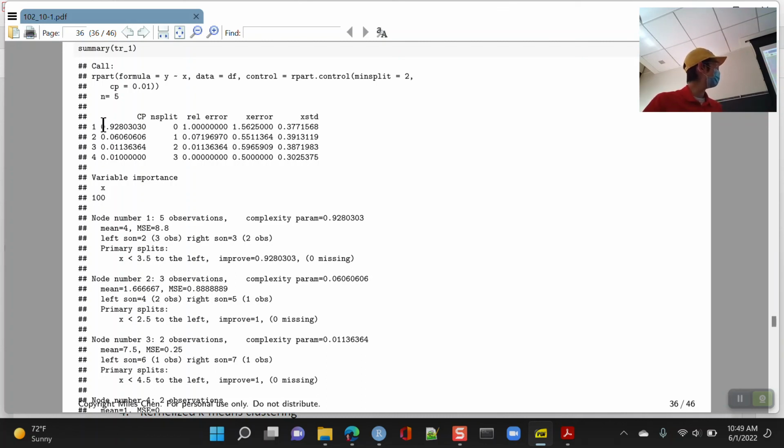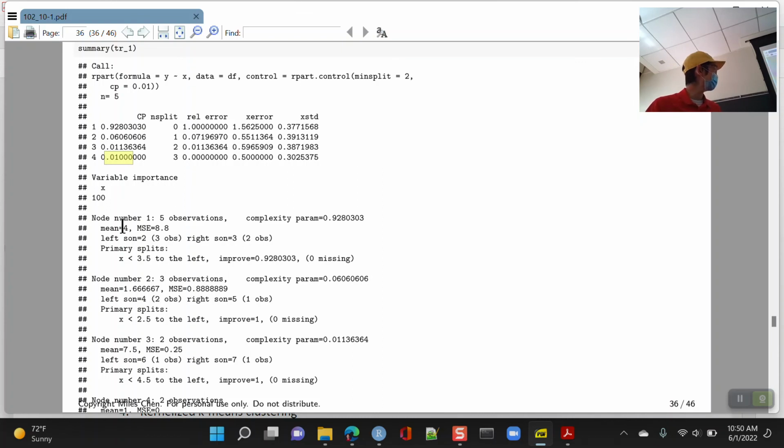The first split reduces the RSS by 0.928. The next split, if we're ranking the splits, reduces it by 0.06, and the next split reduces it by 0.0113. And there's a baseline coming from my command, which says just consider reductions of at least 1%.